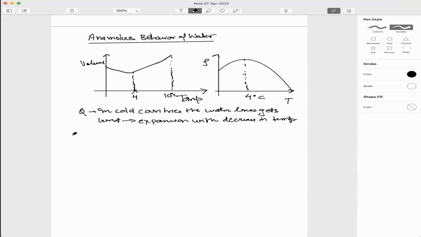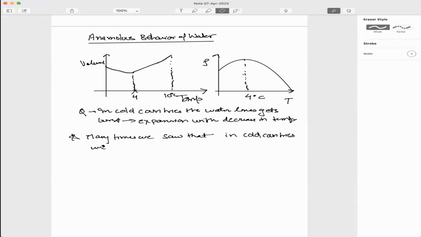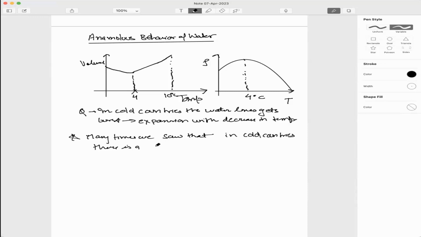Also, many times we saw that in cold countries there is an ice cover over a lake. That is very interesting.